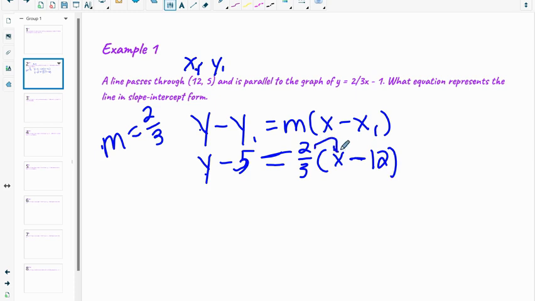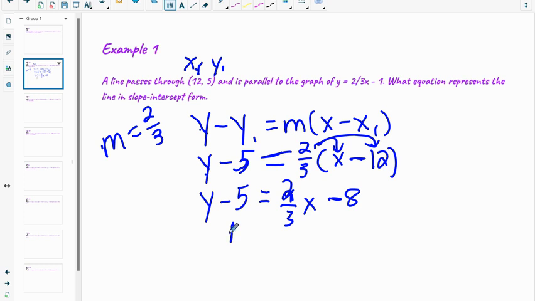We're going to distribute. We get y minus 5 equals 2/3 x, and 2/3 times 12: 2 times 12 is 24, divided by 3 is 8. So minus 8.